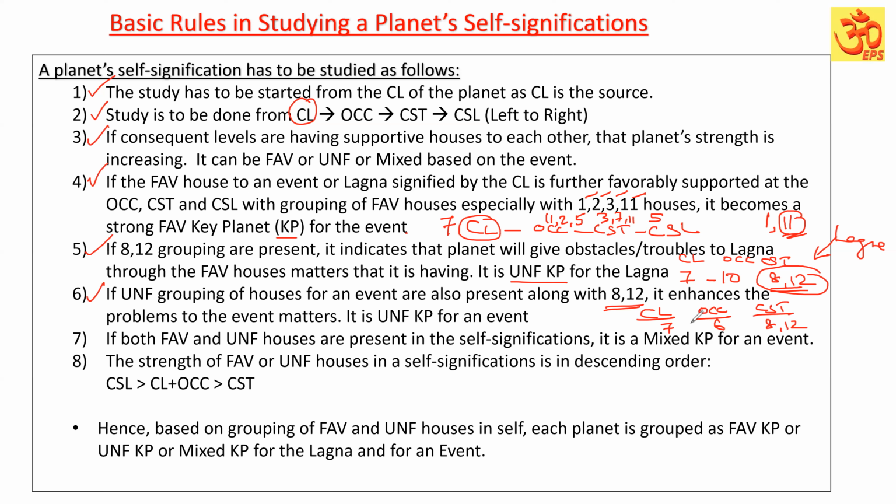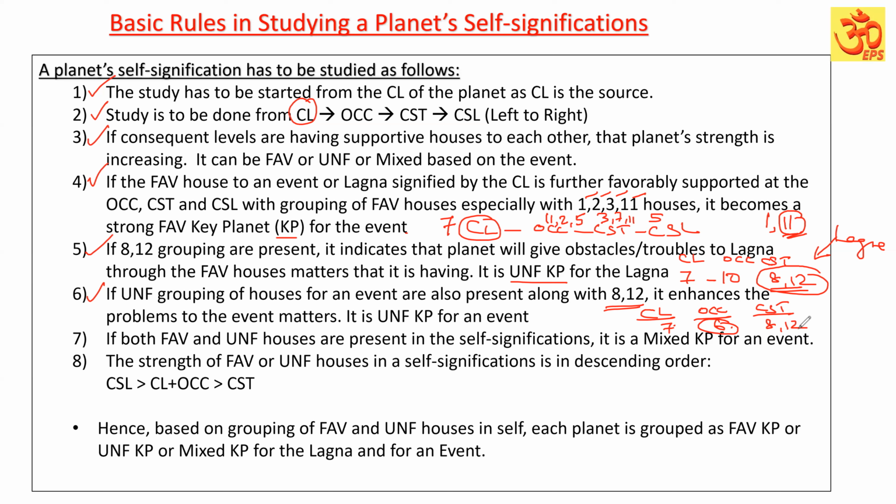It means, first of all, if you study from left to right, cuspal lordship primary house is not supported at the OCC, further not supported by the CST. So 7th house matters are losing their strength. First point. Second point, unfavorable grouping of houses. Suppose for the event of marriage, 6th house is unfavorable, right? Because it is the 12th house to the 7th house.